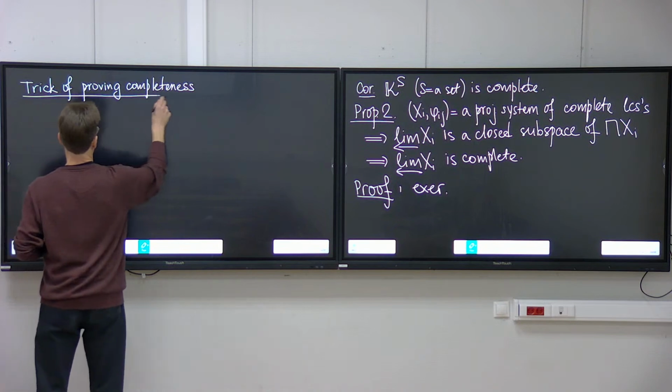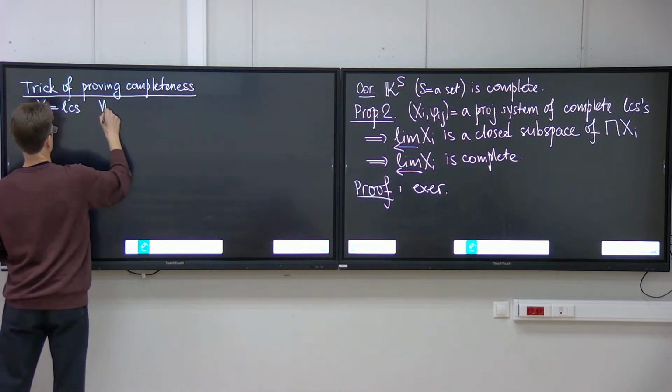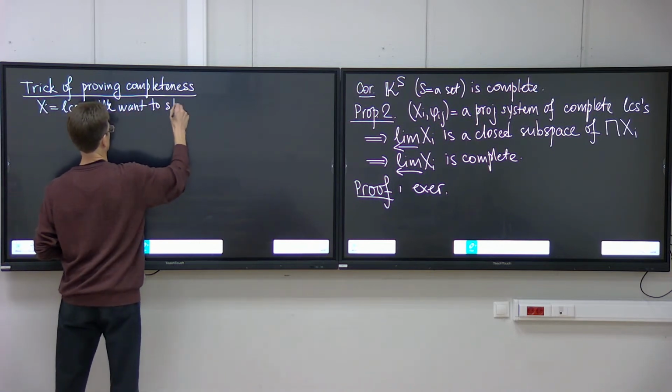So suppose we have a locally convex space X, and suppose we want to show that it is complete.